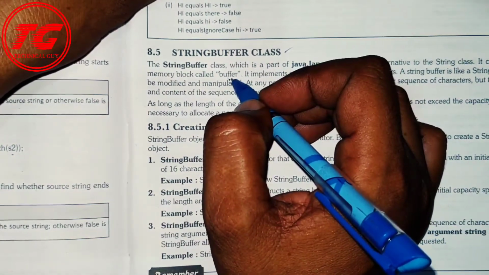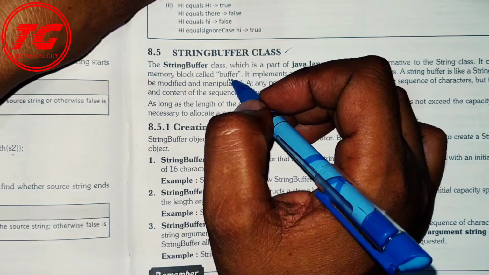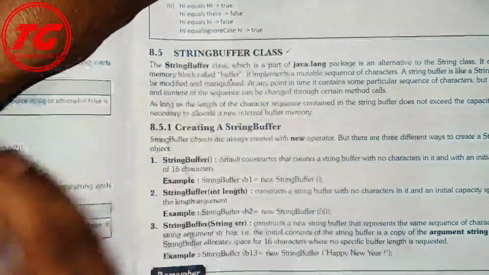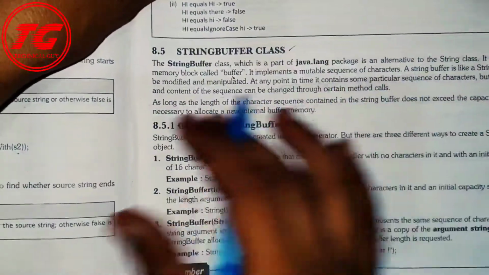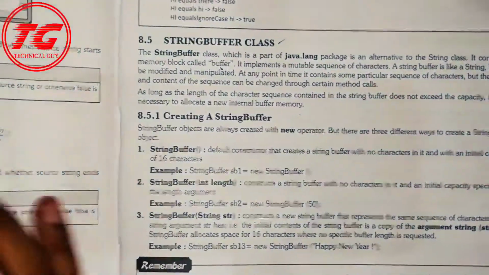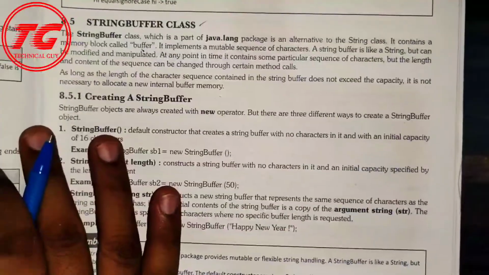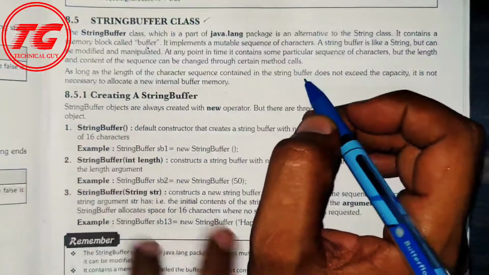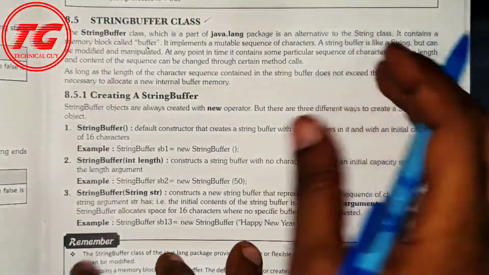It will not create a new copy of the object like the String class, because in the String class whenever you perform any change, a new copy of the object is created, but in the StringBuffer class all the operations are performed on the same object. So that's why it leads to some memory saving in your program.